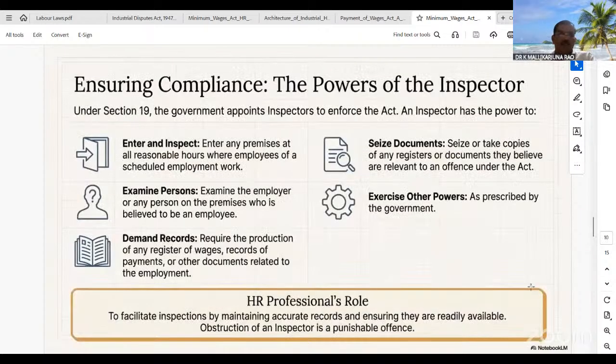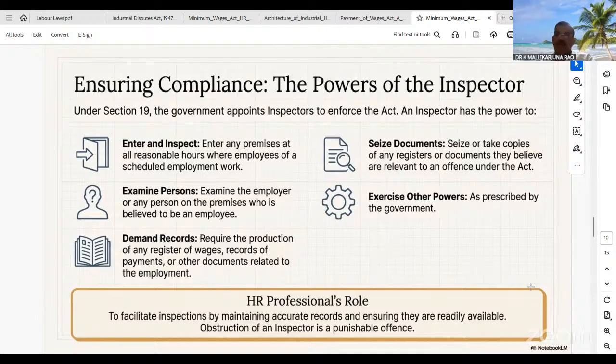Then, ensuring compliance: the powers of the inspector. As per Section 19, the government appoints inspectors to enforce the act. The inspector has the power to enter and inspect the premises, working hours, and the scheduled employees' number, and to examine persons to check whether employees are properly getting their salary. They can require the production of any register of wages and records of employment, which they will verify.